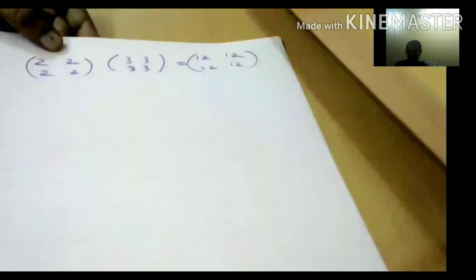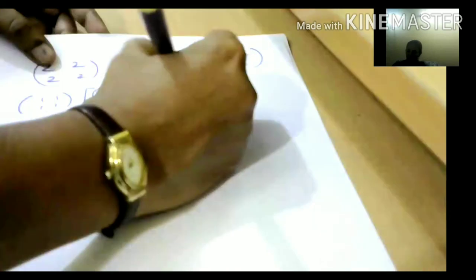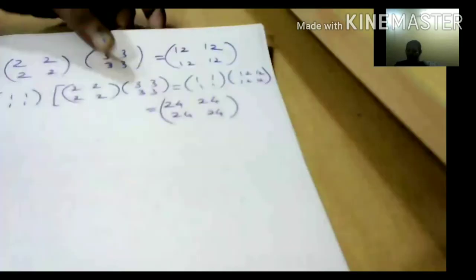Every entry is 12, so the answer is 12, 12, 12, 12. So the matrix of 1s times this is 1 into 12 plus 1 into 12, which is 24, 24, 24, 24.